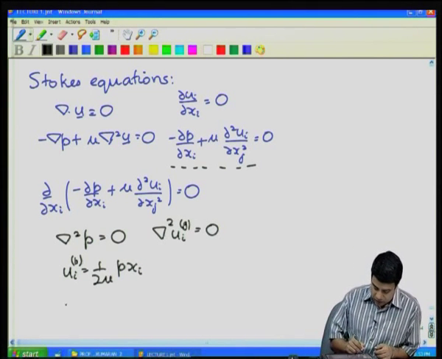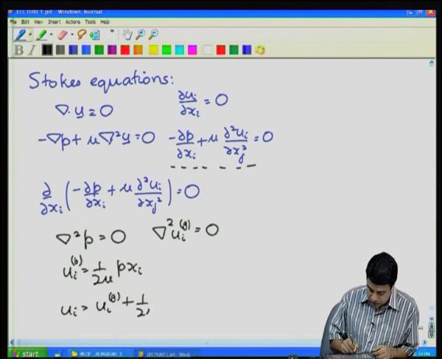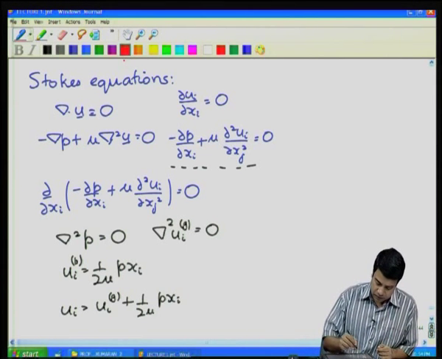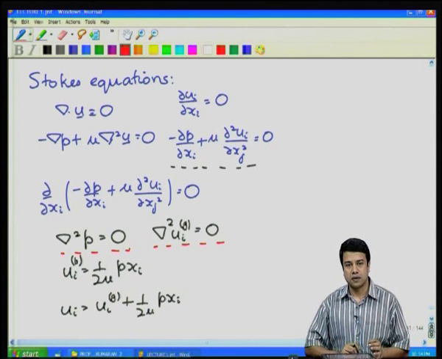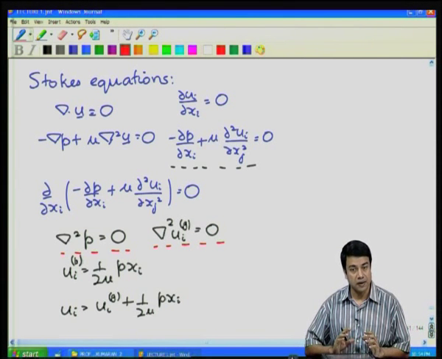And therefore, the total solution ui is written as the sum of ui general plus the particular solution. So, now the problem of finding a solution reduces to the problem of finding the solutions of two Laplace equations, del square p is equal to 0 and del square of ui general is equal to 0. And if you find the solutions of these two, you can put it into the equation and then satisfy the boundary conditions.